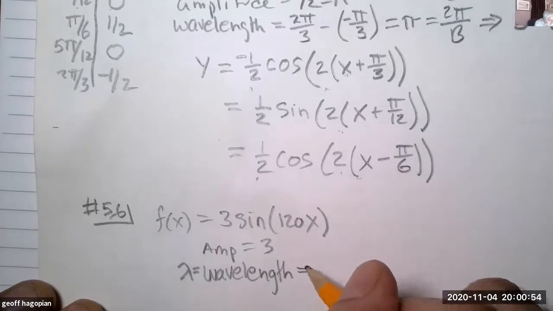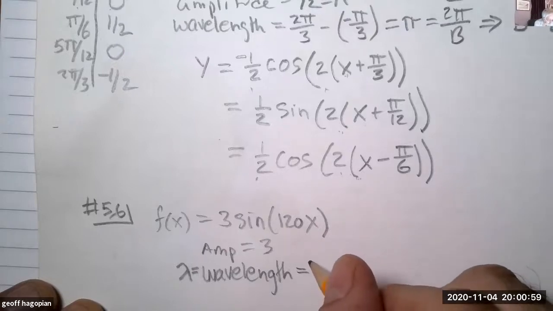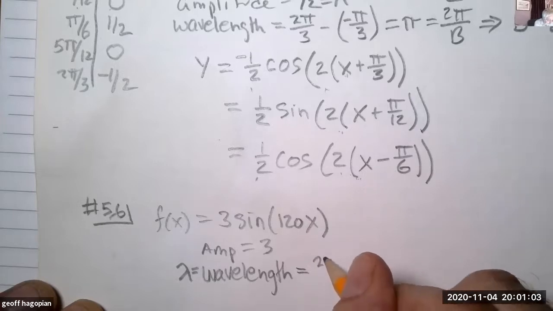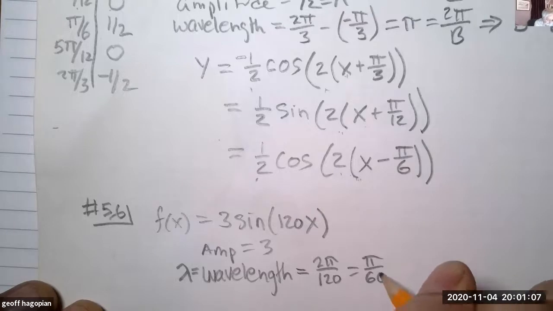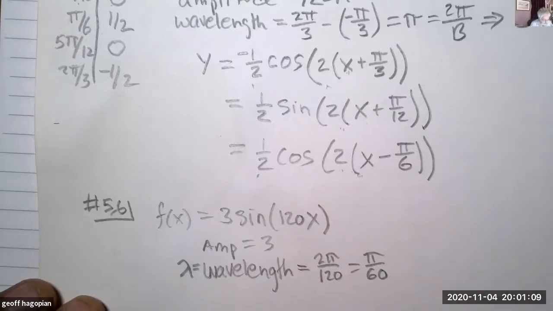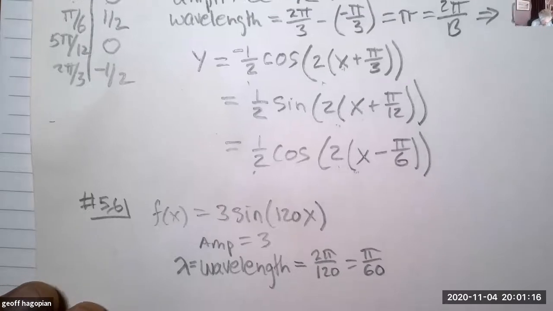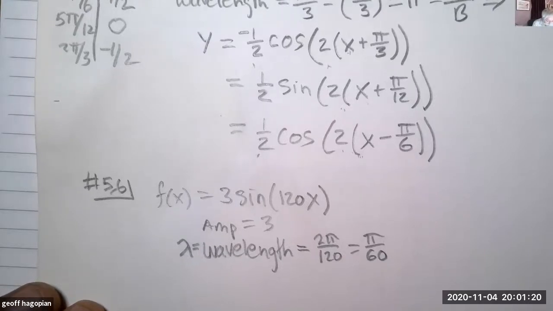And that's equal to 2 pi over 120, or pi over 60. So what's the frequency? Well, 60 over pi, right? It's the reciprocal of that. That's the number of cycles per unit length.